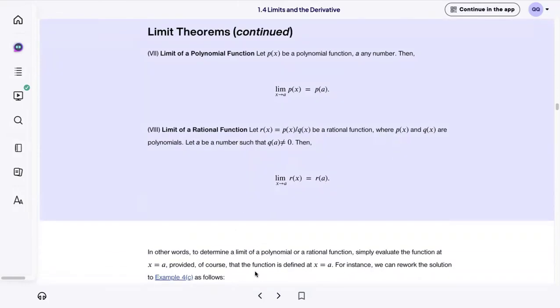So, the limit theorem. For all polynomial functions, the limit is equal to the function value. Limit of rational functions, p of x divided by q of x, while q cannot be 0.